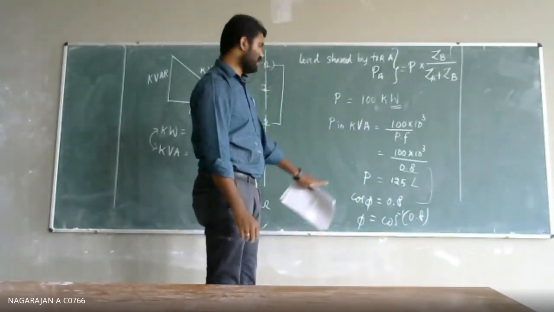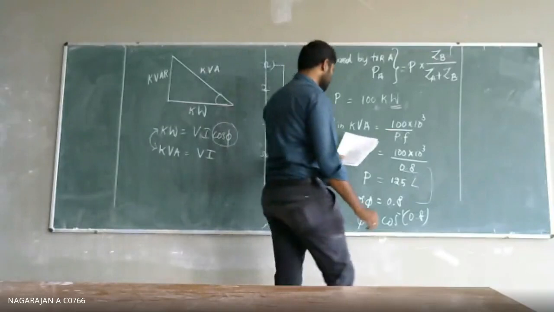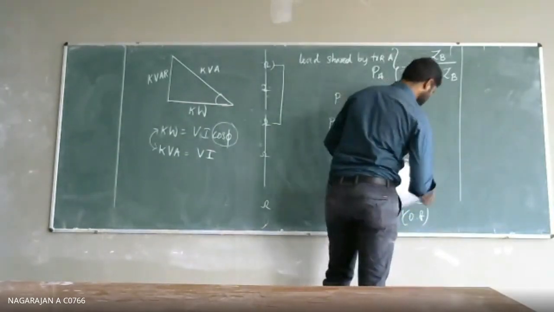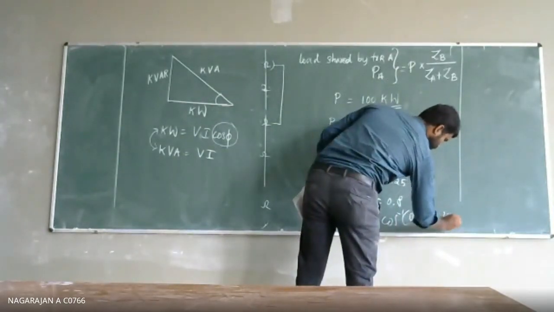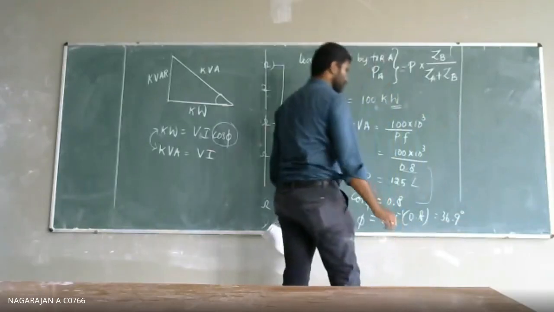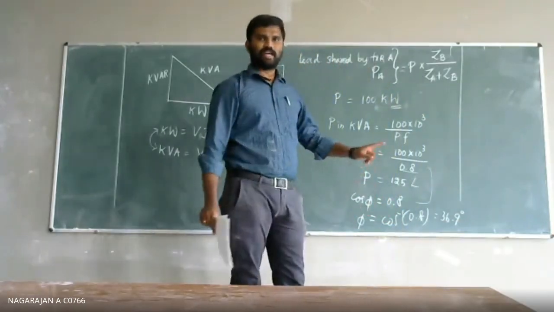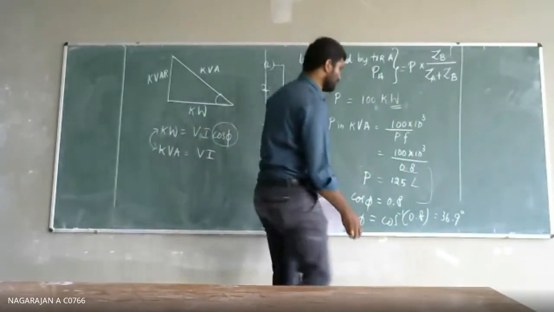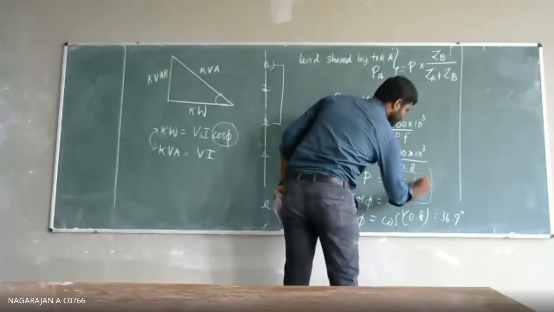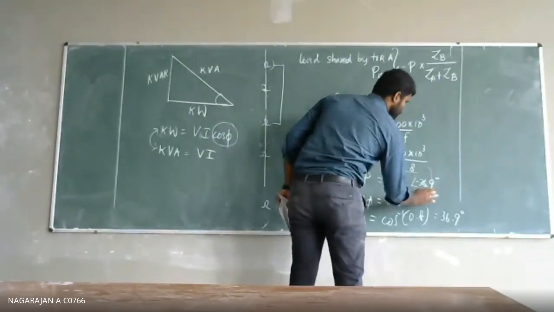If you find the angle, you will get 36.9 degrees. Since it is given as a lagging power factor, you should put a minus sign, minus 36.9 degrees.